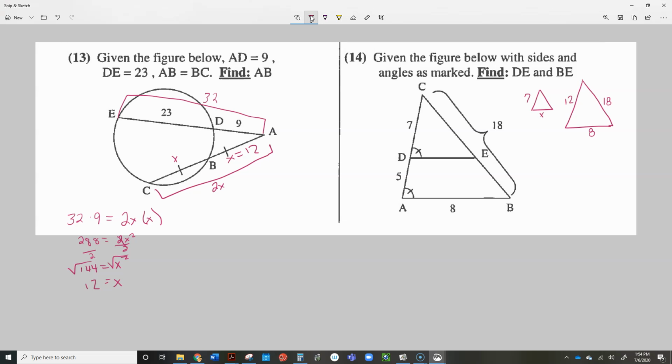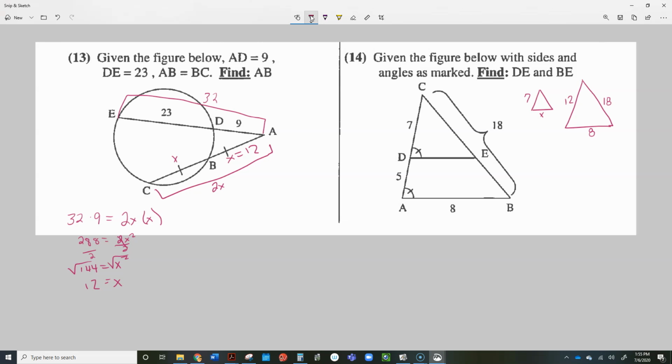All right, the next problem, they give me a picture, and as soon as they ask me to find DE, I know that I have to separate this into a small triangle and a big triangle, because this is not going to be one of those where I can do the pieces of this transversal is equal to the pieces of that transversal.